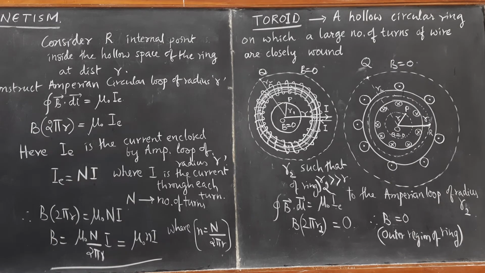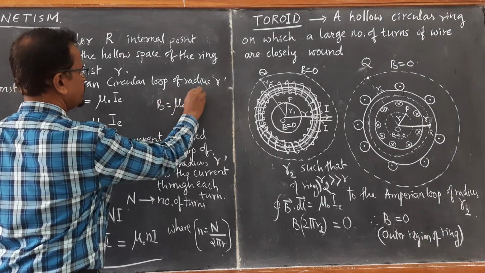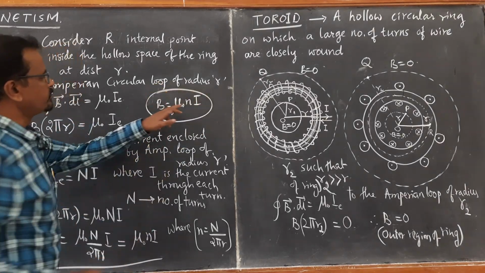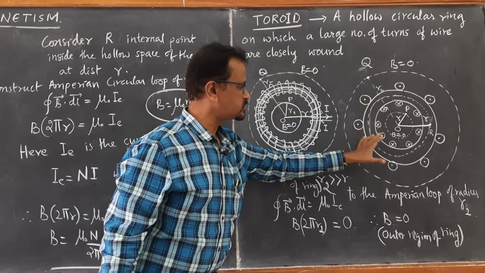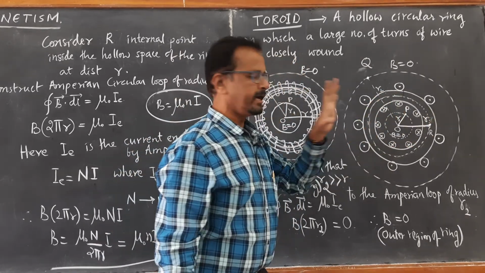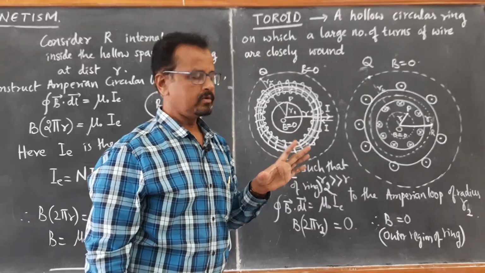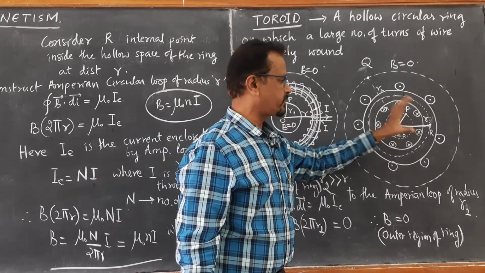So the magnetic field due to a toroid is given by B is equal to mu naught n I, where mu naught is the permeability of free space. Again we consider the space in the hollow region of the toroid as free space, vacuum or air.